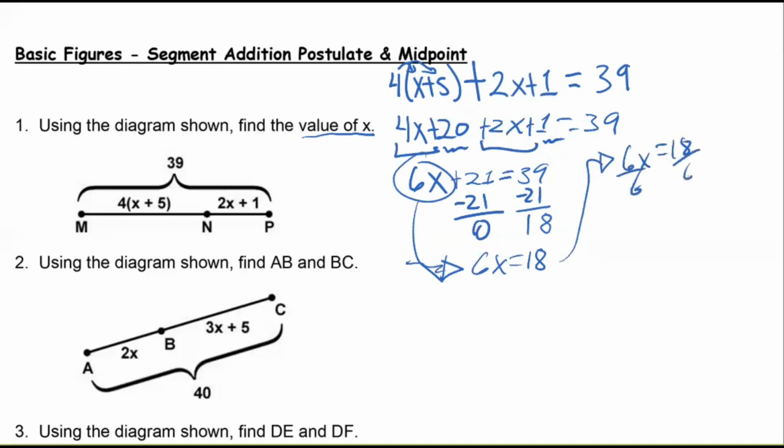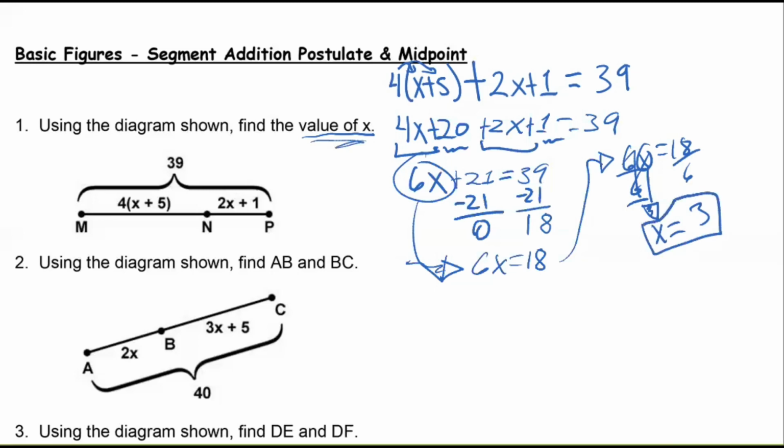Divide by 6. Now 6 divided by 6 is 1. My answer here is x equals 3. And what am I looking for? The value of x. And you are done.